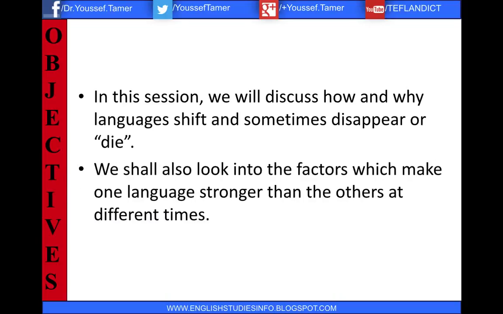We shall also look into the factors which make one language stronger than the others at different times. Throughout history, from the very past up to now, in each era one language is more powerful and stronger than other languages. At some point in time, there were Latin and the Roman languages.